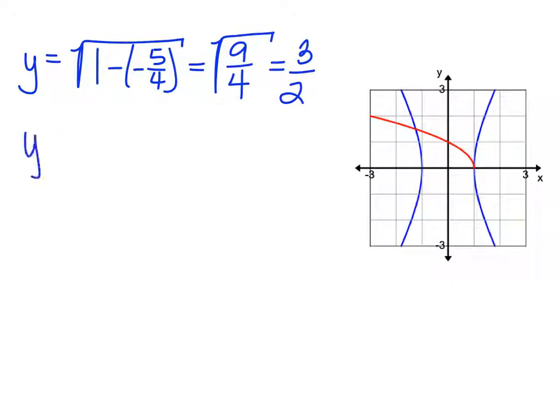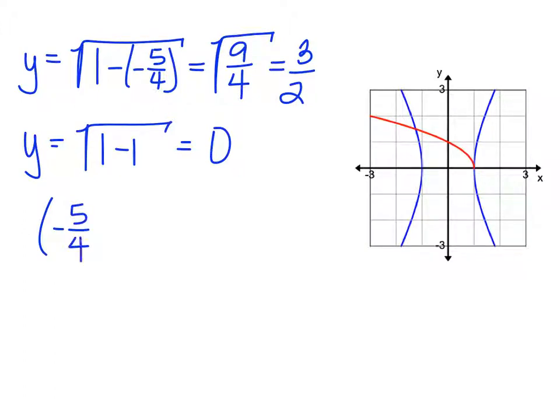And then with the other one, square root of 1 minus 1 is just square root of 0, which is 0. So our 2 points are (negative 5/4, 3/2) and (1, 0). And you can see those here. Oh, that's supposed to be a 1, 0. Excuse me.